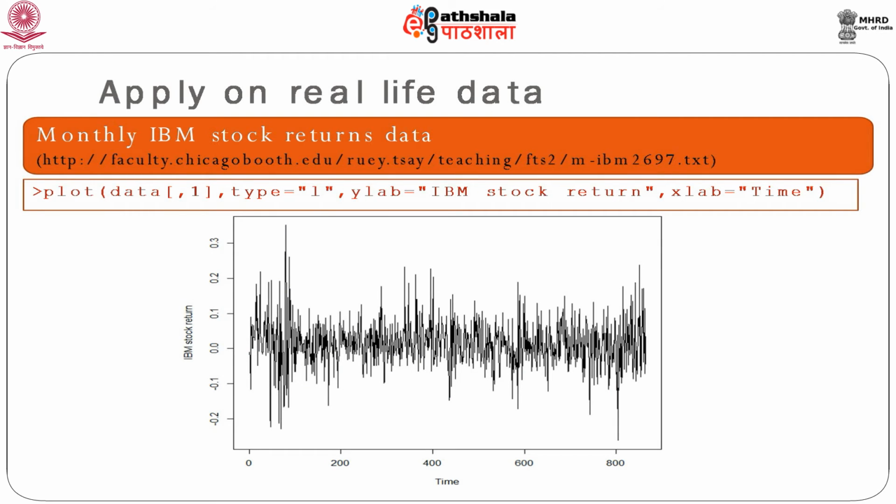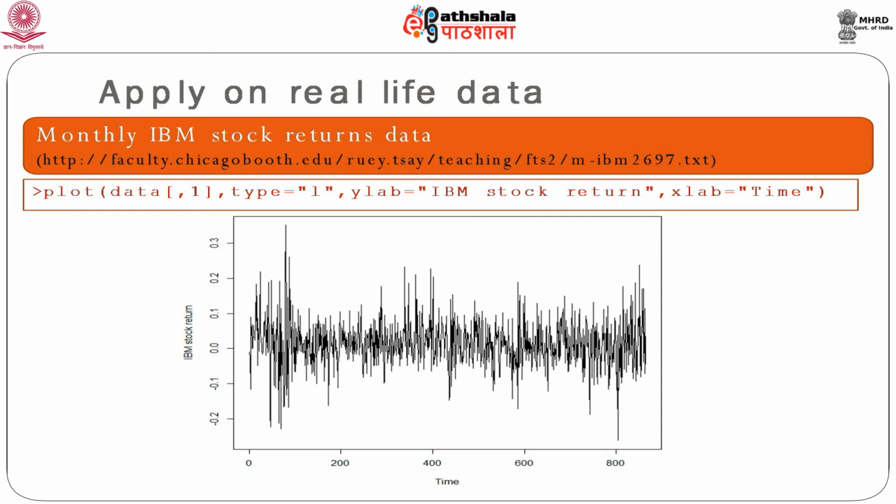Next, I use real life data to fit a GARCH model, and there we apply the same step by step methods that we used. The data is monthly IBM stock returns, taken from the website mentioned here.